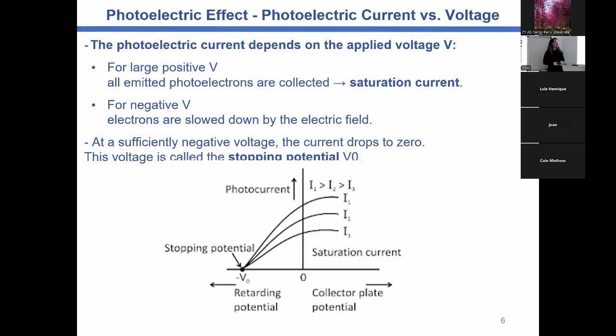But when we polarize the potential difference between the anode and cathode, we can reach one thing that we call the stopping potential. And even if we change the intensity of light, the same stopping potential is observed.